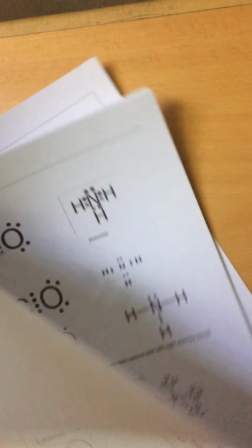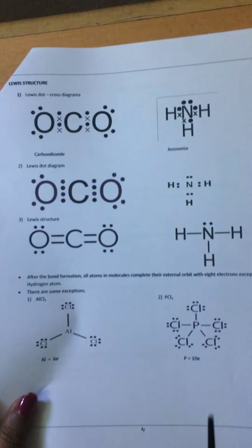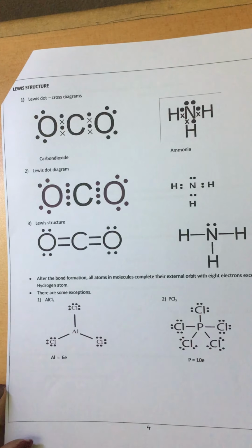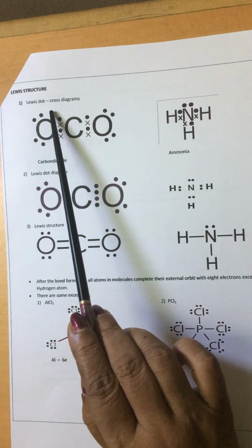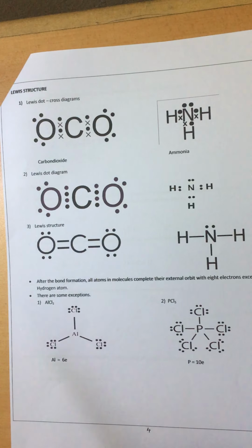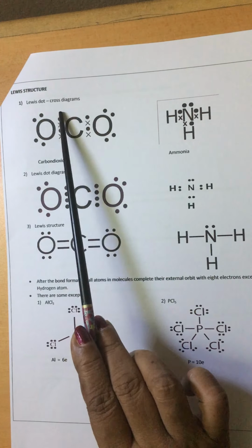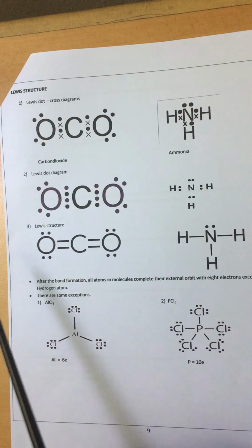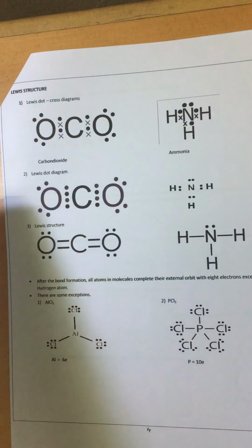Lewis structure. Lewis structure means there are 3 types, three ways you can write the Lewis structure. One is Lewis dot cross diagram, then Lewis dot diagram, Lewis structure. So the Lewis dot cross diagram means the same thing I explained to you.